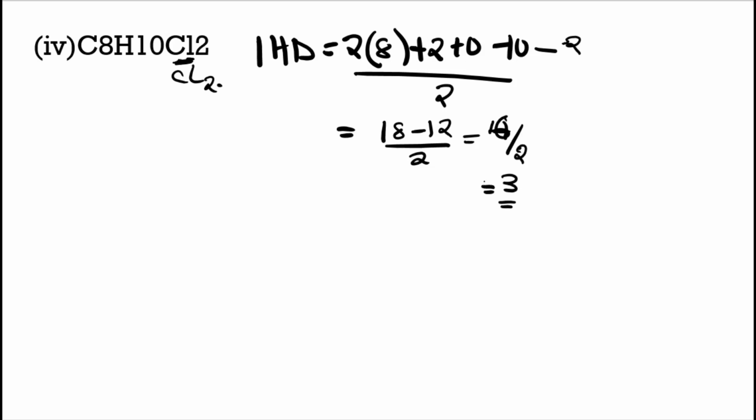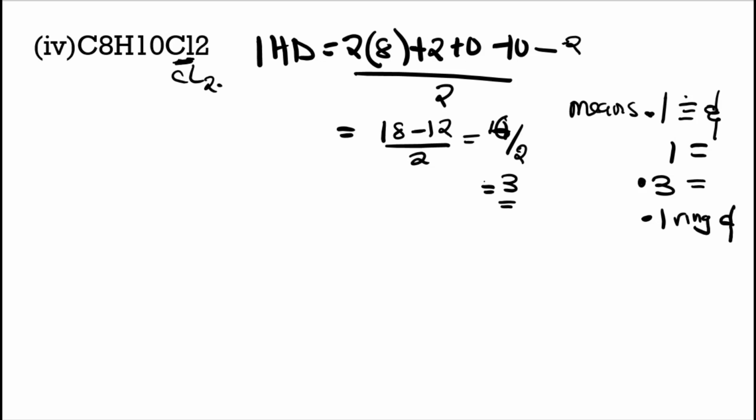We know that an IHD of 3 means that there is 1 triple bond and 1 double bond. That's number 1. Number 2, there can be 3 double bonds, or there can be 1 ring and 2 double bonds, like that.